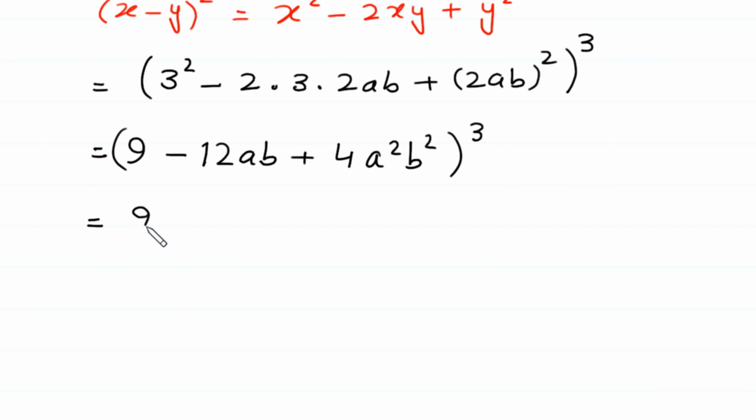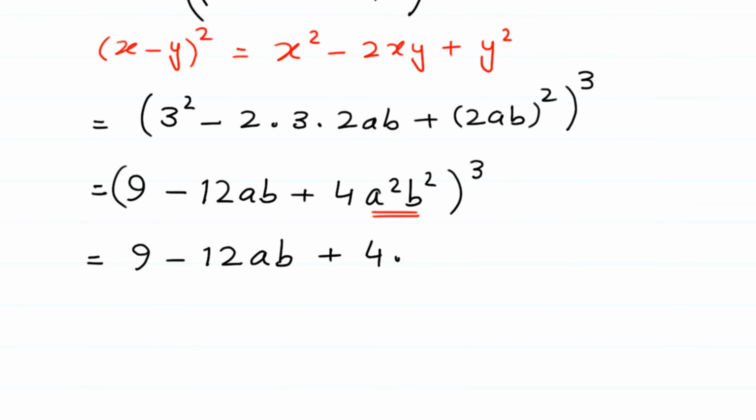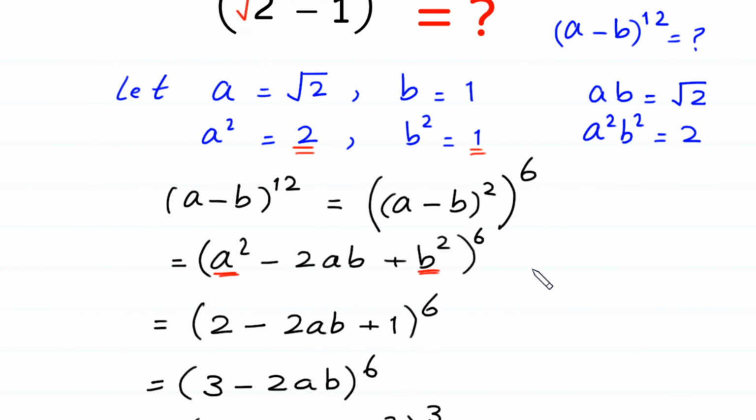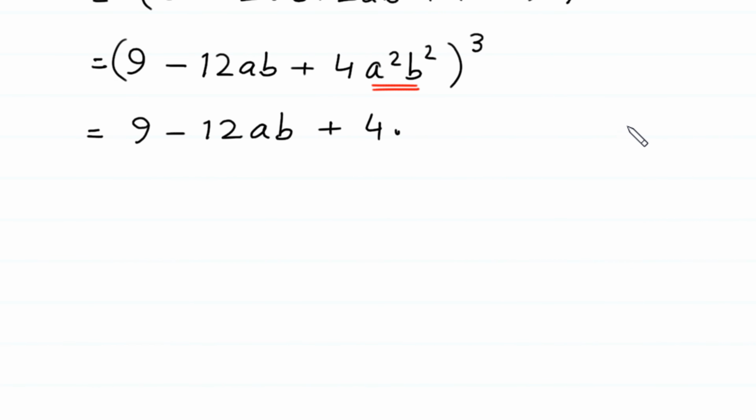Next, 9 minus 12ab plus 4 times, here we put the value of a square b square from here, the value of a square b square is 2, whole to the power 3.